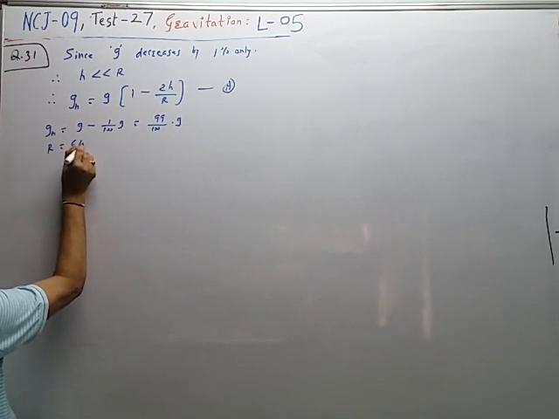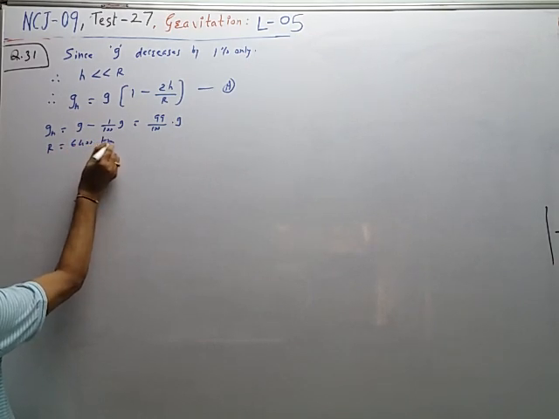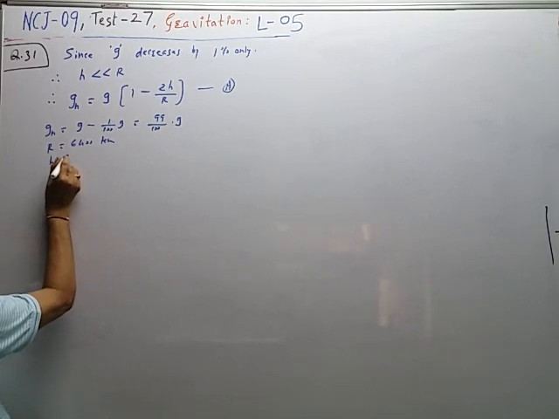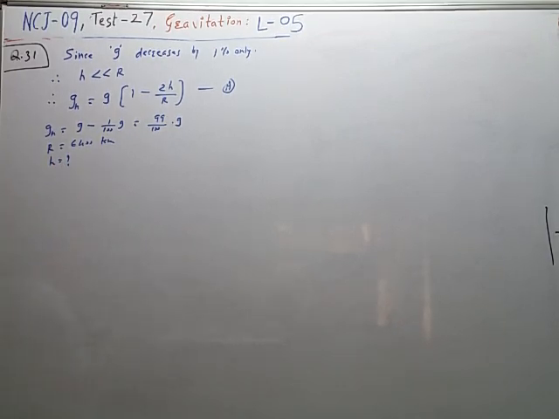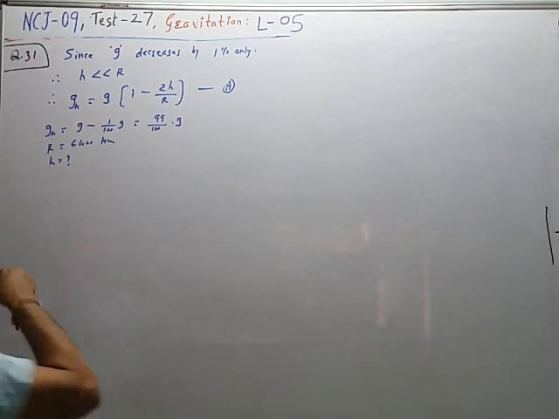R is equal to 6,400 kilometers. H is equal to question mark. To find the height, we substitute.